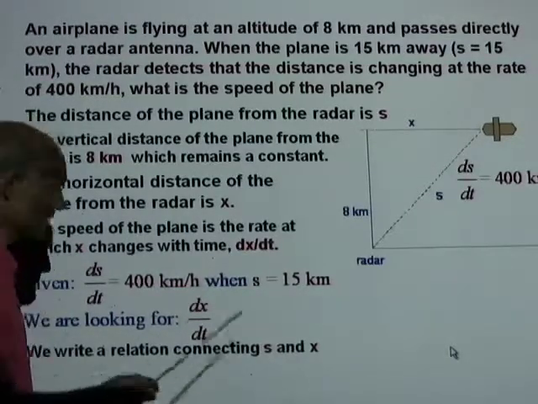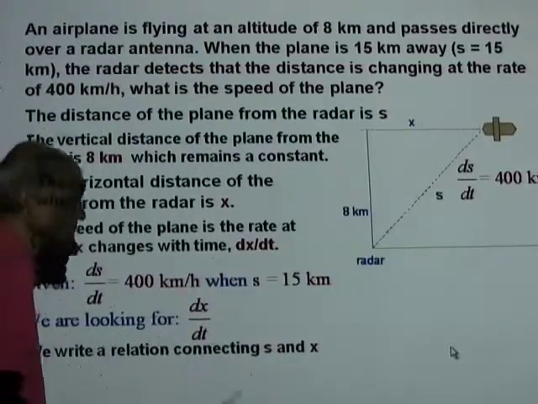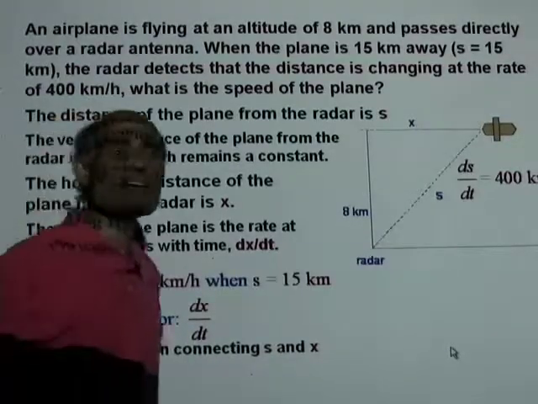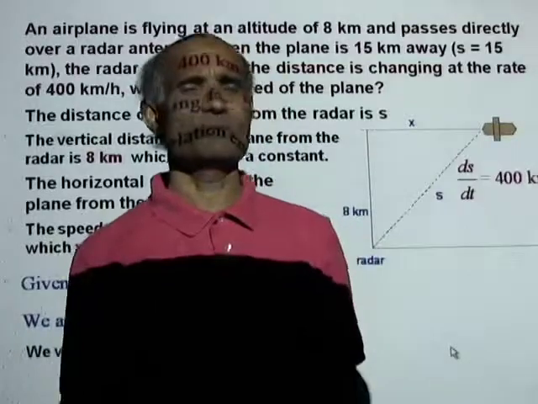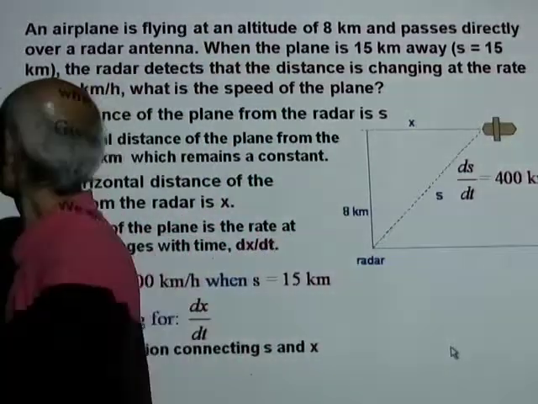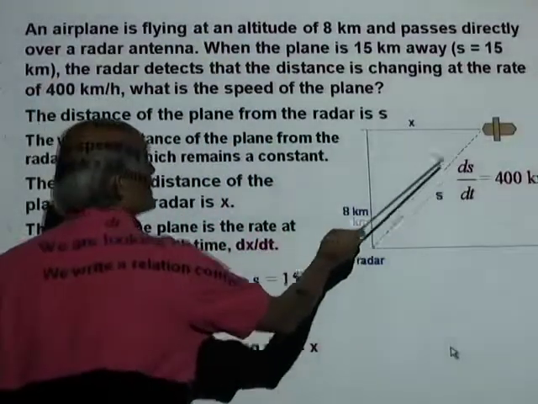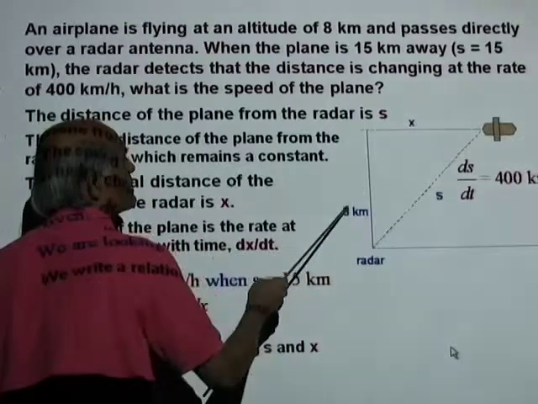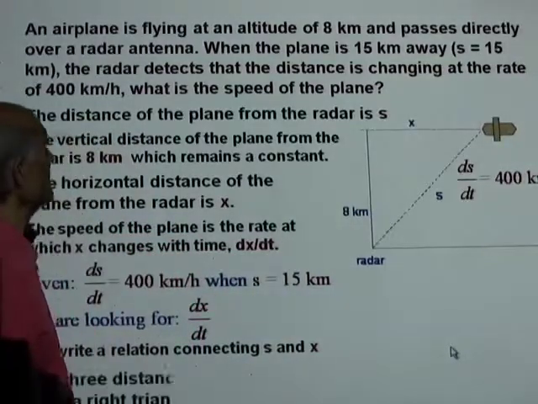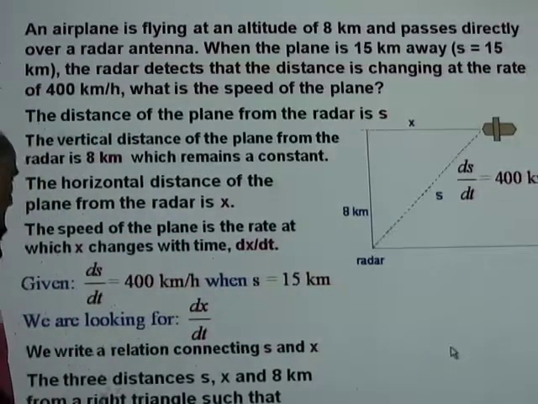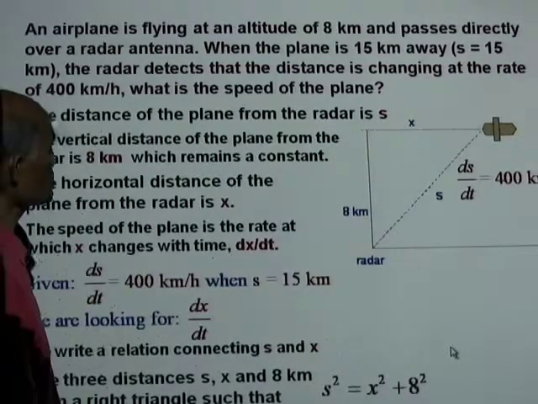I just asked you to write a relation connecting s and x, and I just gave it to you. What is our relation? s squared equals x squared plus 8 squared, because these are the sides of a right triangle.